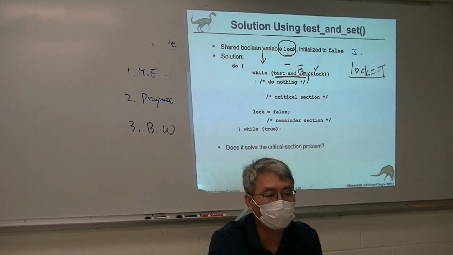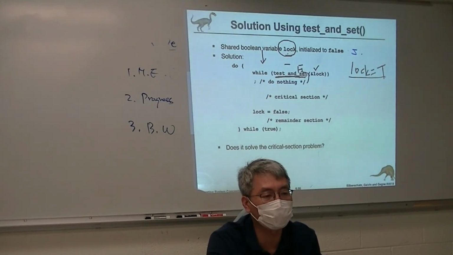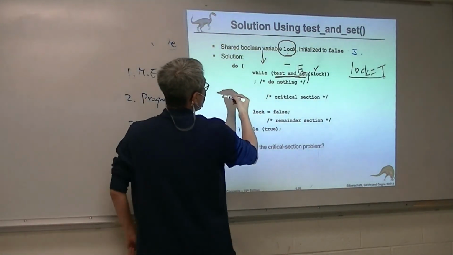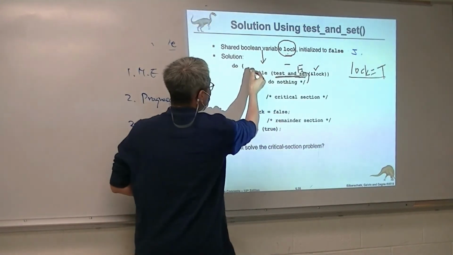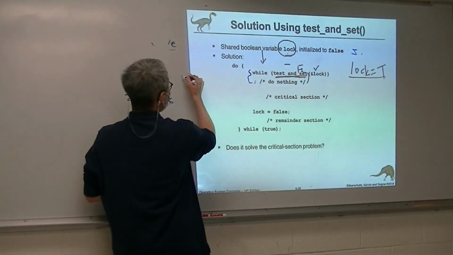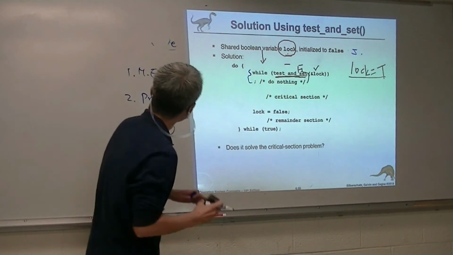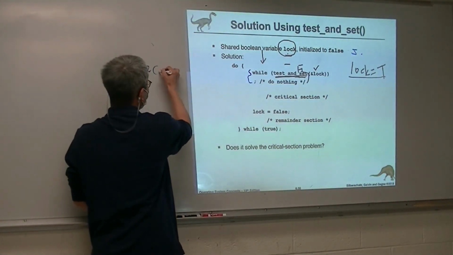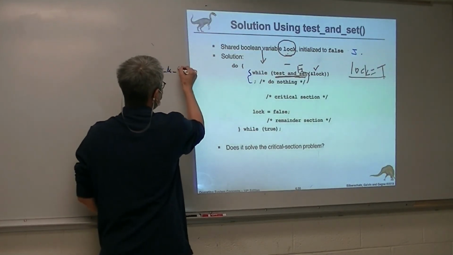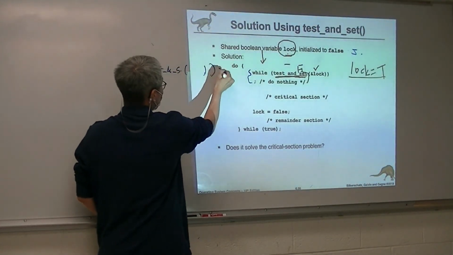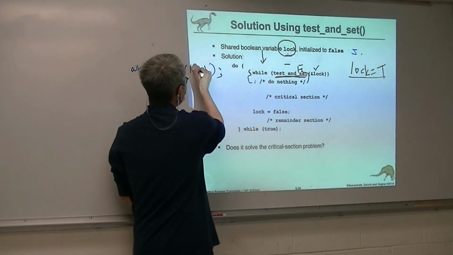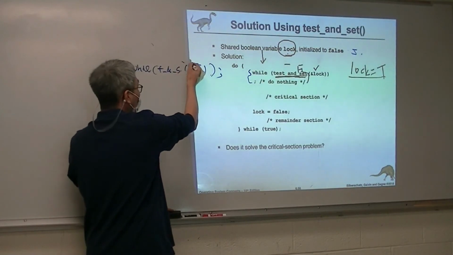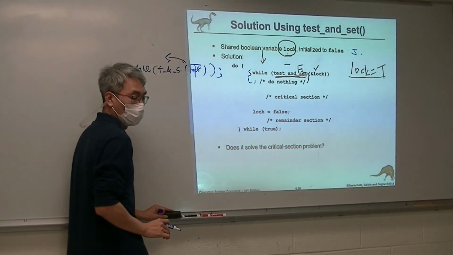Then, what if there is another process? If another process comes, it runs the same entry section: while test and set the lock. Currently the lock is true, so the return is true, right?